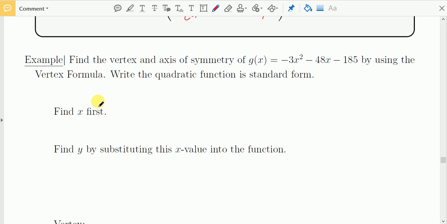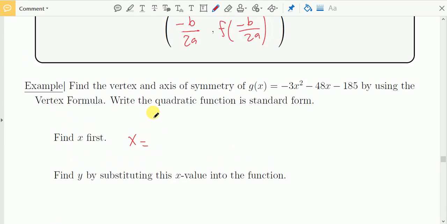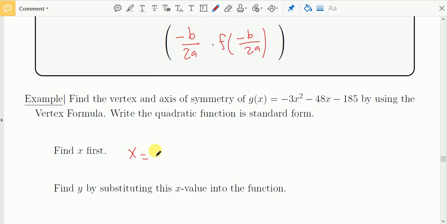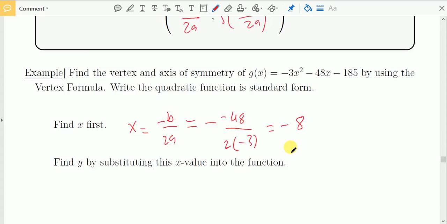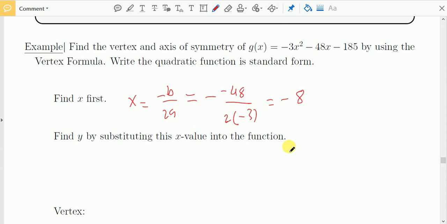That's easy. So first find the x. So x is what? Minus b over 2a, right? Minus b over 2a. And minus b is minus 48, 2a is minus 6, that will be minus 8. And once you have that, you're going to find y, which is g of minus 8.